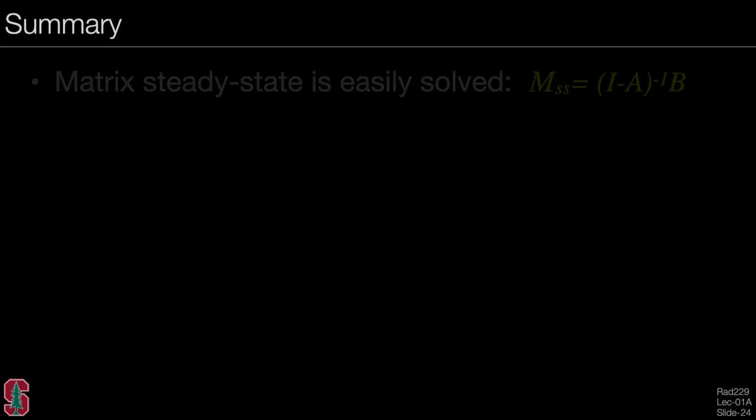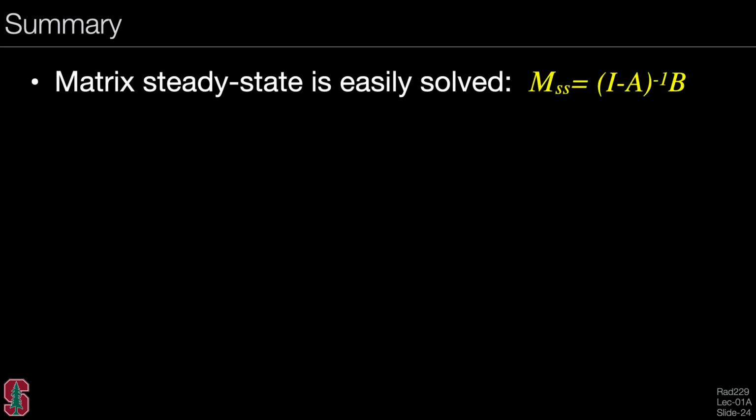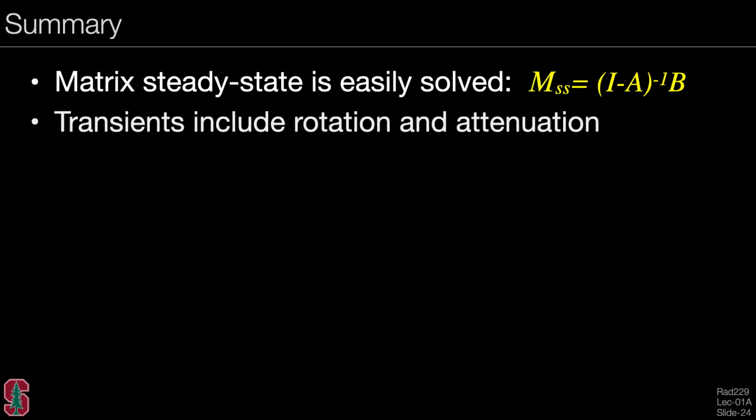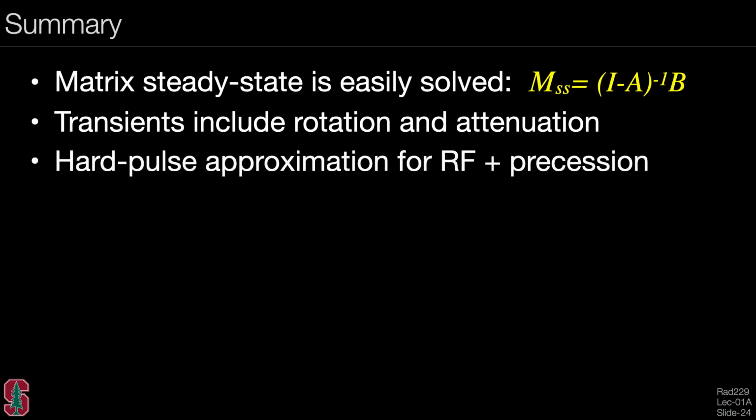So this brings us to the end of the lecture. To summarize the concepts in these examples, remember that the matrix steady state is easily solved as shown here. Transients often include both rotation and attenuation. The hard pulse approximation for RF and precession includes breaking the pulses up into small time intervals so that these rotations are very small, and in that case the order in which we apply them does not matter.